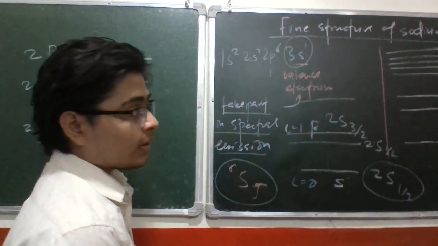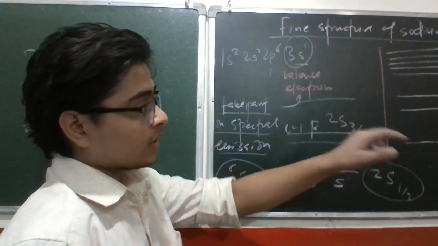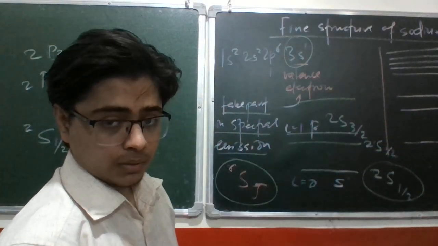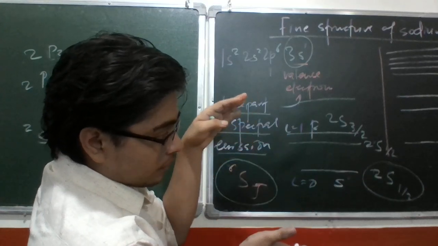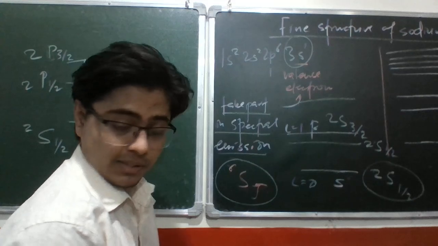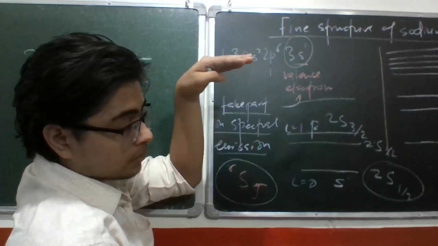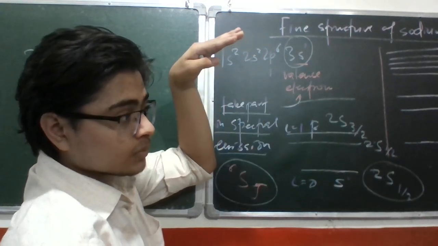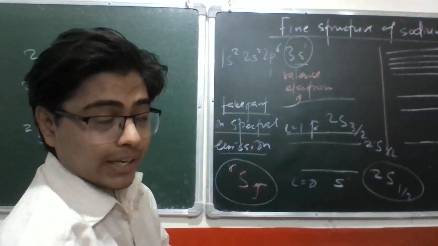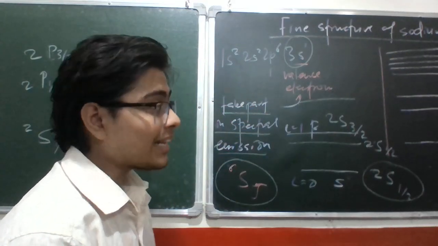So see, even though we had three orbitals in the p subshell, there will be only two types of spectral lines for the emission of an electron from the p subshell to the s subshell.